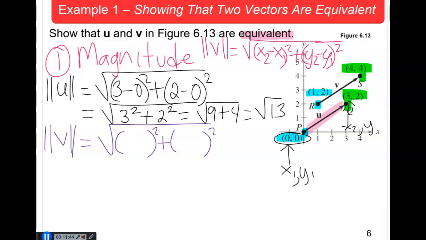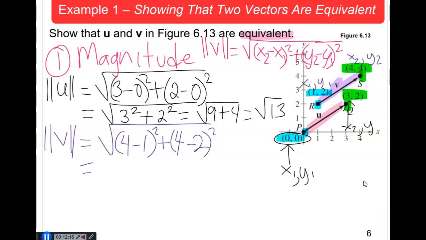So let's go ahead and substitute. Now we're working here with the other vector, and we will consider the terminal point. That will be our x2 and y2. And here this will be our x1 and y1. So we're going to have 4 minus 1, and then we will have 4 minus 2.